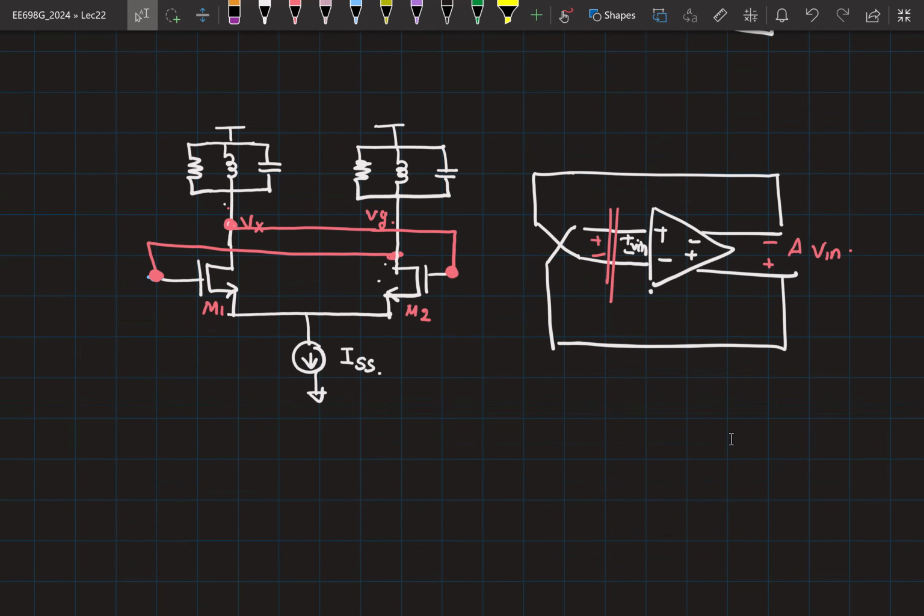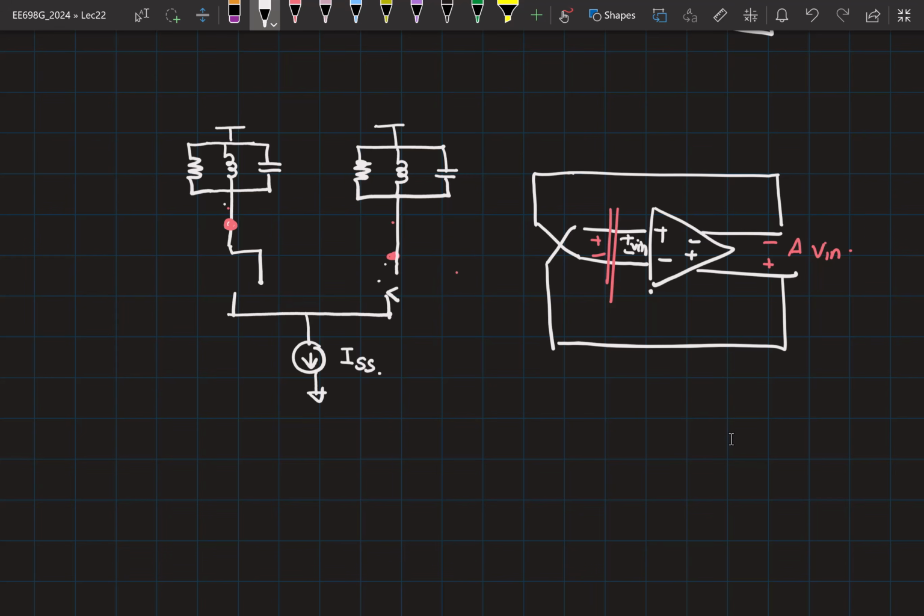Is that okay? So now let me make this a little pretty. I will sketch the transistors inwards. Where do I connect this?